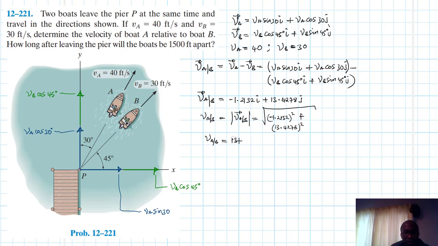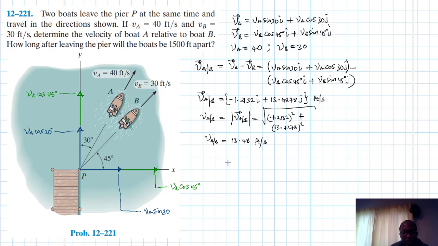The magnitude becomes 13.48 feet per second.